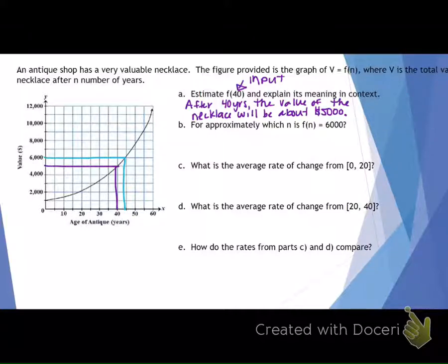So say that as a sentence, Alyssa. So if the value of the necklace is $6,000, what do you want to say? It will be 45 after 45 years. About 45 years. The value of the necklace is $6,000 after about 45 years. You have to own it for 45 years.